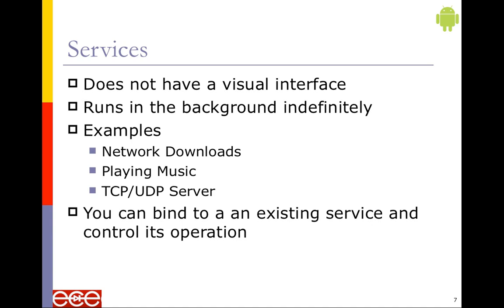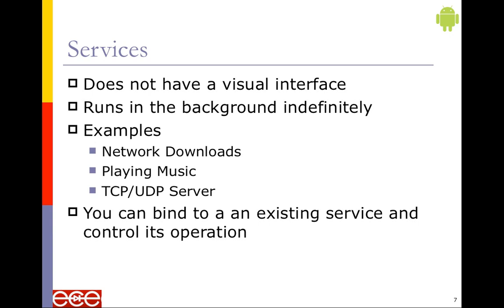Runs in the background indefinitely and doesn't ever go away. The way you make it go away is you kill it, or you have the app kill it. Otherwise, I believe I went over the app lifecycle in terms of this particular foundation. So examples of the service are network downloads, playing music, TCP UDP services, remember that.